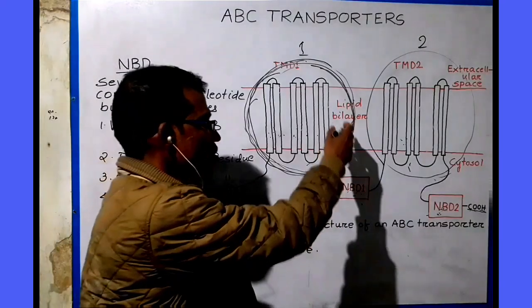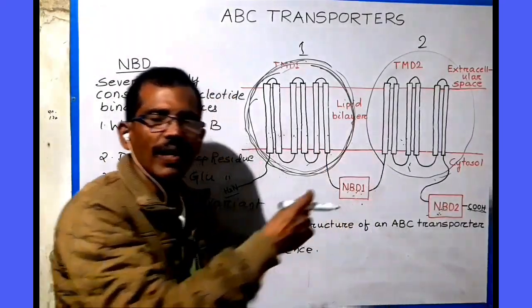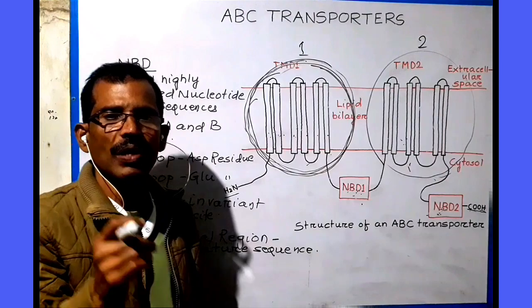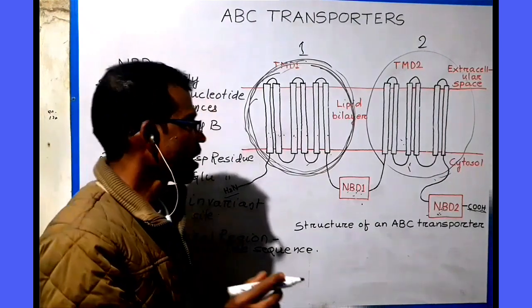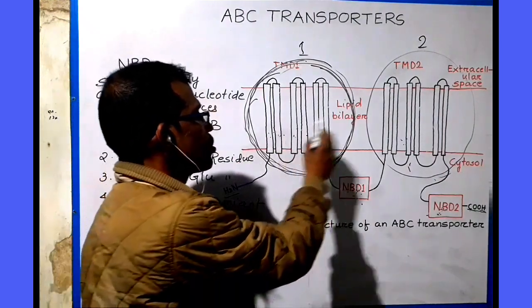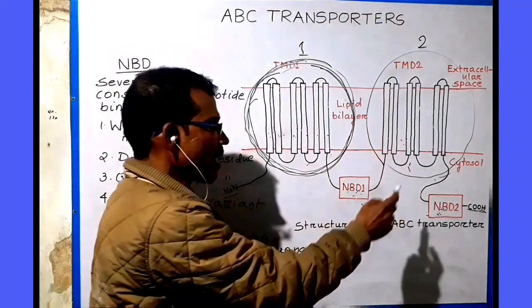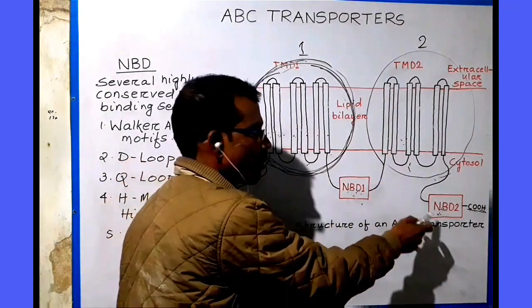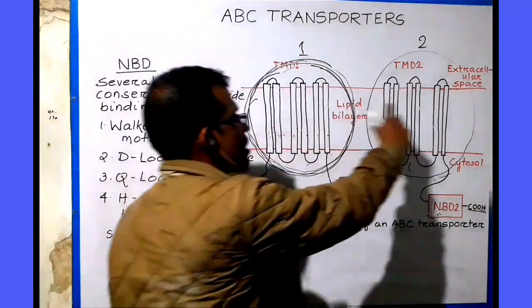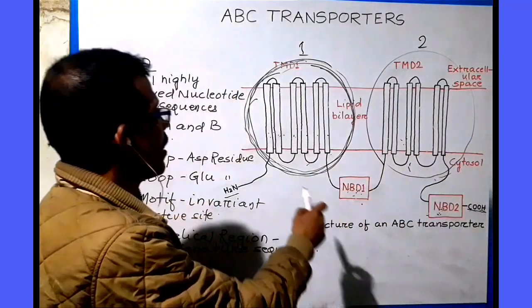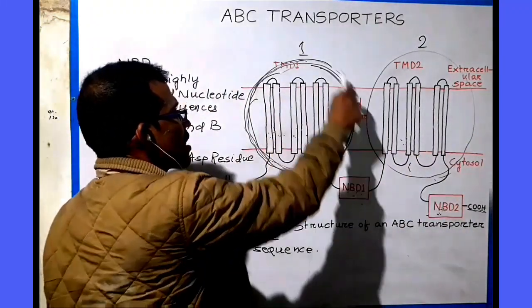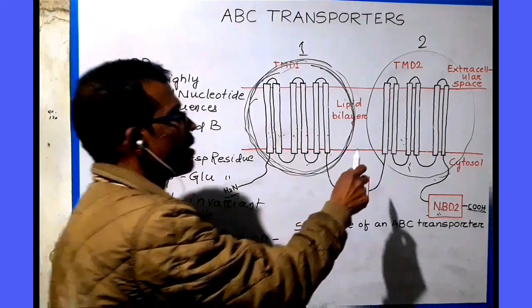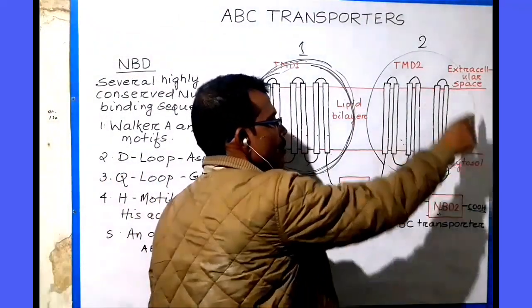This figure shows the structure of a typical ABC full transporter. The transporter has two transmembrane domains and two nucleotide binding domains. This is the lipid bilayer, and here this is a transmembrane domain and that is another transmembrane domain.